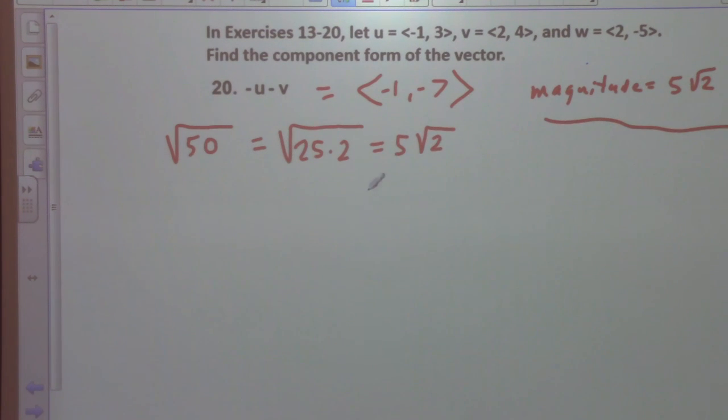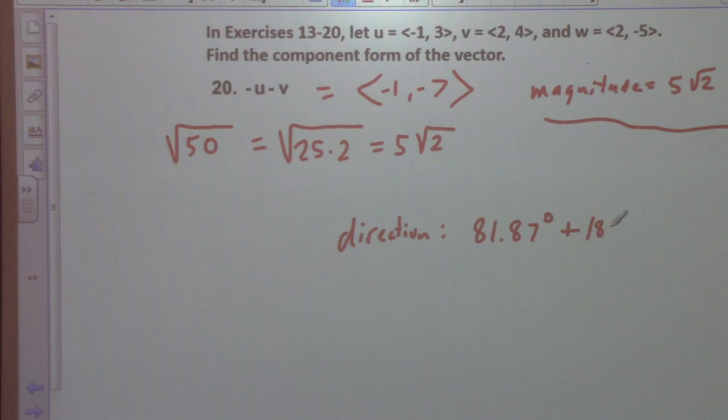Okay, what about direction? 81.87. Is that correct? She has to add 180. Which quadrant are we in? Oh, yeah, 3, right? So let's go ahead and add 180, and then we'll be good.